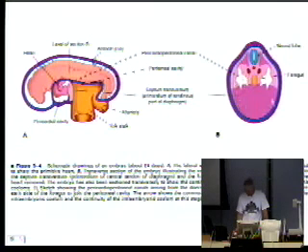And it's actually at the level where we see the septum transversum. So the septum transversum falls into place. It's mostly mesoderm that comes in, and it is separating the future thoracic cavity from the abdominal pelvic cavity.